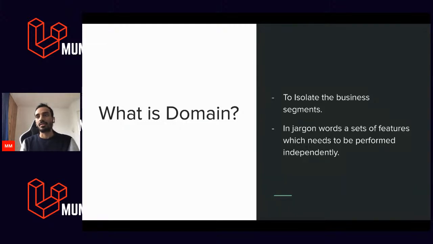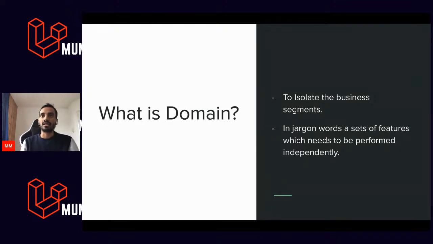To isolate the business segment is the thing which we say to our product owners. Product owners will say that we want to build a new feature, and this will be this and that, and then those features need to communicate with third party APIs or third party providers, for example, payment providers or anything else.